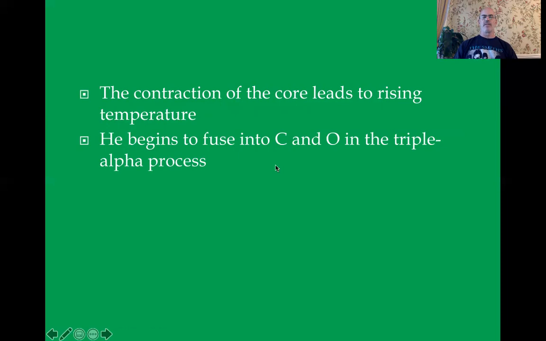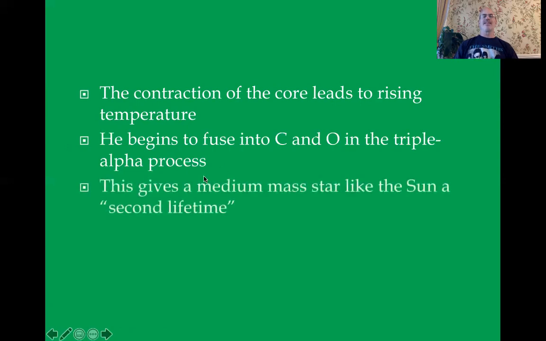Remember the other process we learned about, the proton-proton chain, the CNO process. There's also the triple alpha process, okay? So this can give a medium mass star like the sun a second lifetime. In other words, it'll give it more fuel as it fuses the helium. Okay, so it'll allow it to last a little bit longer as a red giant. And so basically that's what fuels a red giant. That's what allows a red giant to last maybe millions of years, not billions, but millions of years.